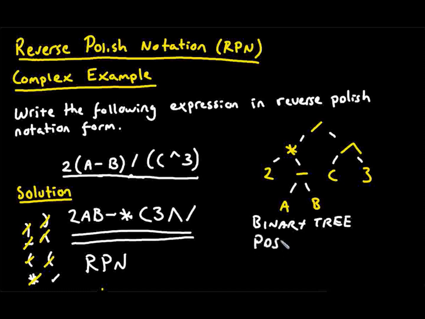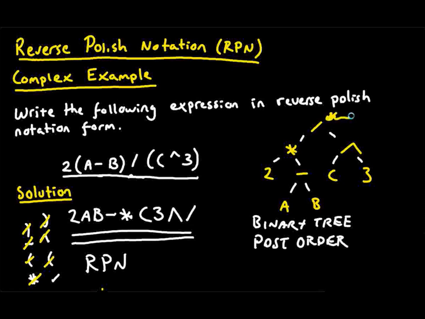So here I'm going to go through and do a post order traversal. Post order, work with the left subtree first, then the right subtree, and then the root node. Remember, this one here at the top is the root node, okay?